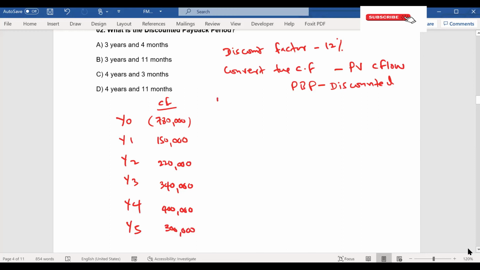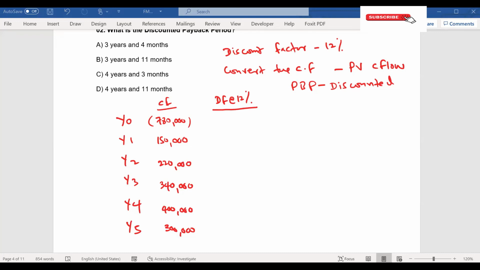So let's take the discounting factor at the rate of 12%. The discounting factors will be given in your exam. The 12% discount factor table goes up to 5 years.